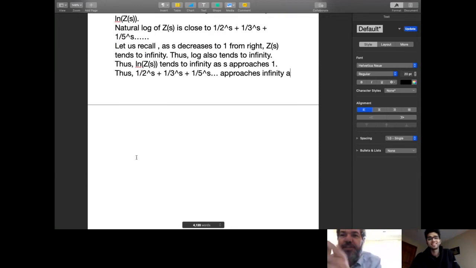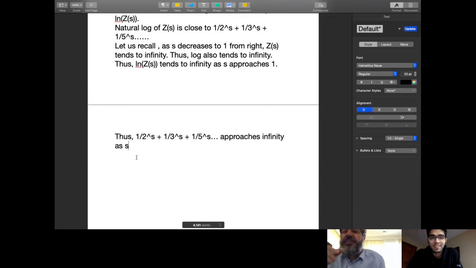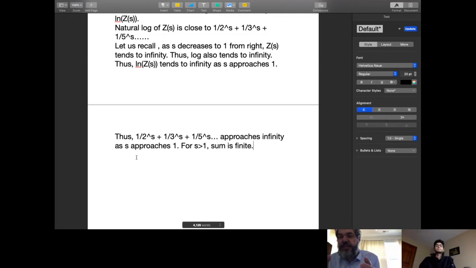For a fixed s larger than 1, the sum is finite. It's convergent, even if we have infinitely many terms. But this full sum of infinitely many terms depends on s.